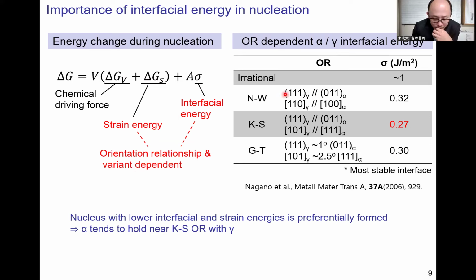For example, previous research evaluated the interfacial energy as a function of orientation relationship between austenite and ferrite. So the interface satisfying KS orientation relationship is the most stable. And this interface energy is much smaller than the interface with irrational orientation relationship. Therefore, the ferrite tends to hold near KS orientation relationship with austenite in the nucleation stage.